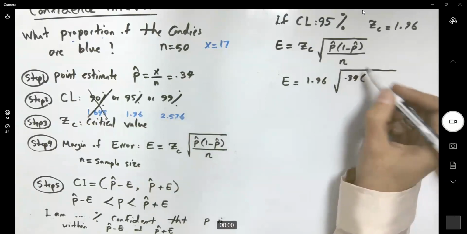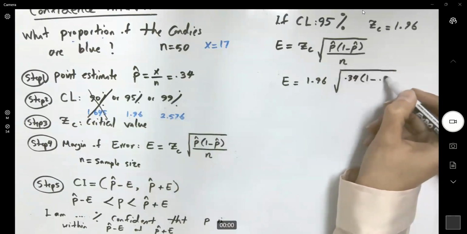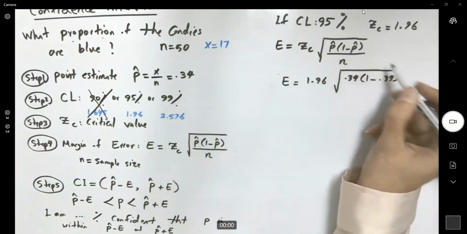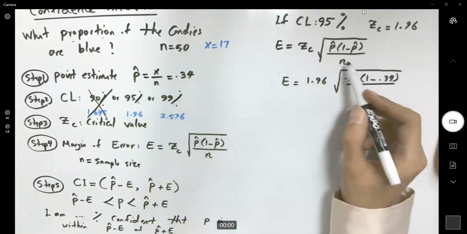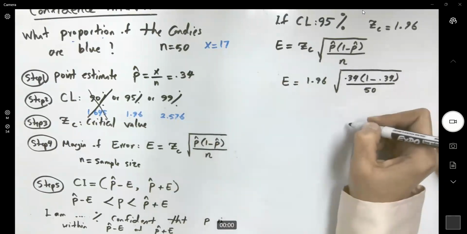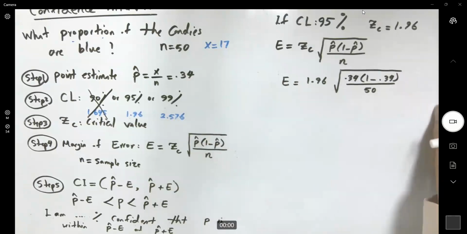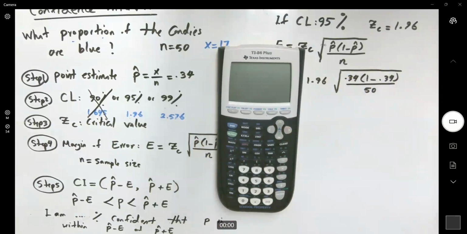Parentheses, 1 minus P hat, 0.34. Close the parenthesis, divided by N, which is 50. Okay, let us use our calculator to approximate what is happening here.